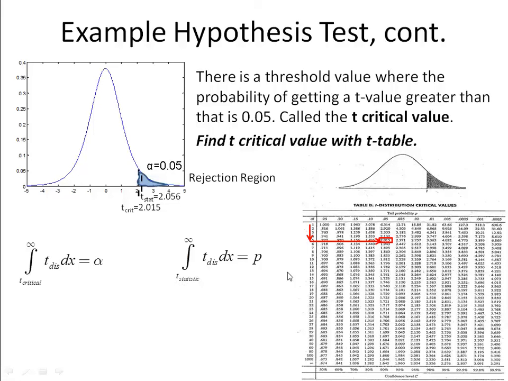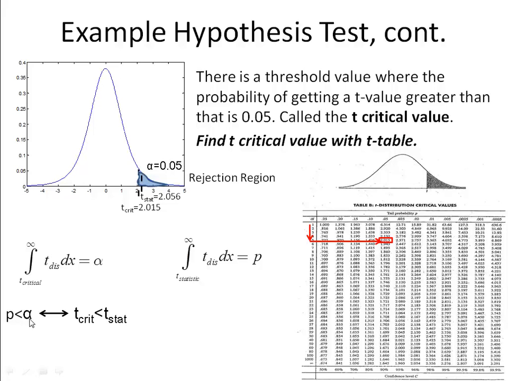So in mathematical speak, it's the integral starting at our t-statistic and going to infinity. So if the area under the curve starting at 2.015 was 0.05, if we started integrating at 2.056, you could see that the area under the curve would be less than 0.05 because we are not including this part between the two dotted lines here when calculating the area under the curve.